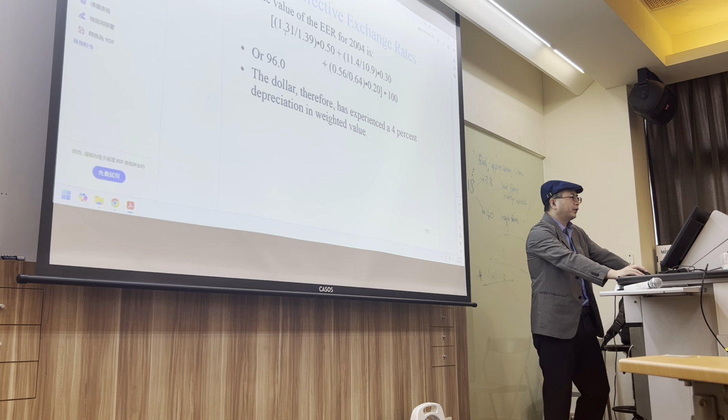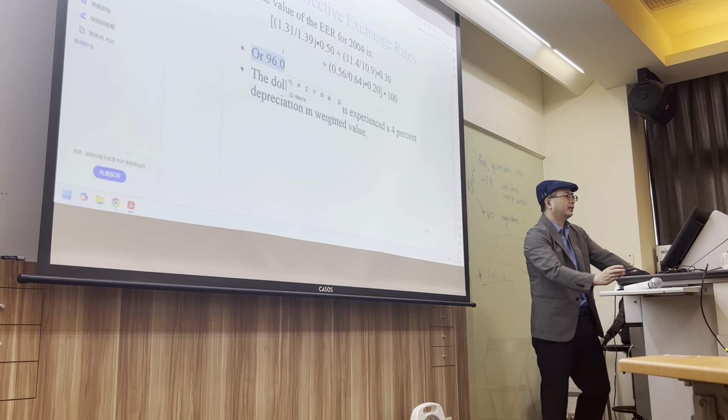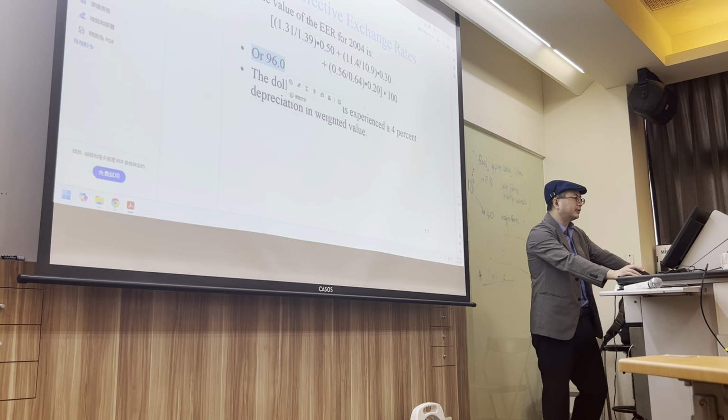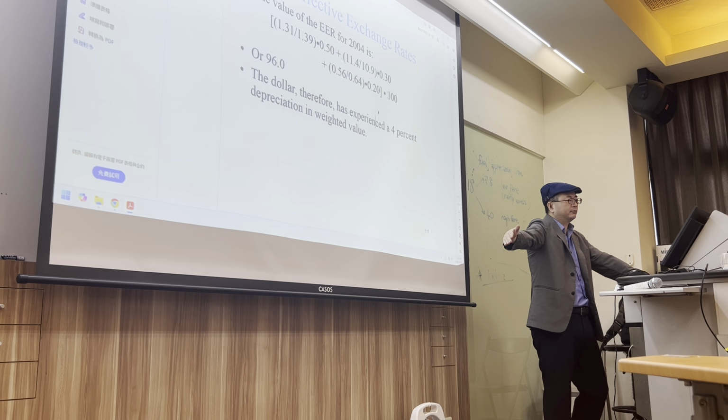Again, we put in the numbers from the table, the 6 numbers, right? And then just plug in the numbers, and the weight will stay the same, right? And then we times 100, so we can get the index number, it becomes 96, right? So compared to the base year of 100, it seems like the index number goes down, right?